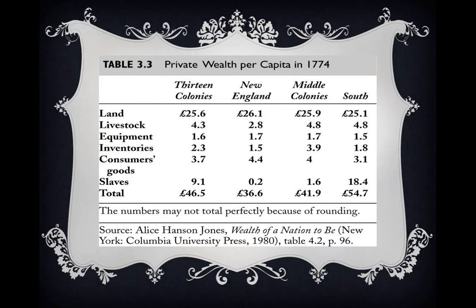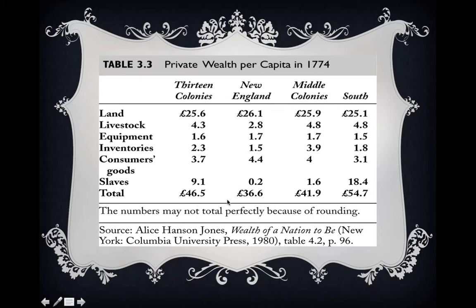The middle colonies are going to fall roughly to 40 pounds sterling, and the southern colonies are going to fall to 36.3. So you can see that if we were to eliminate the wealth from holding slaves from this calculation, the distribution of wealth along the colonies pretty much becomes completely equal.